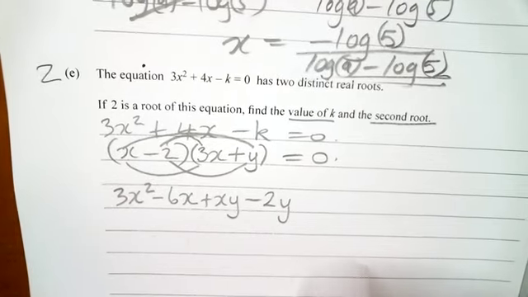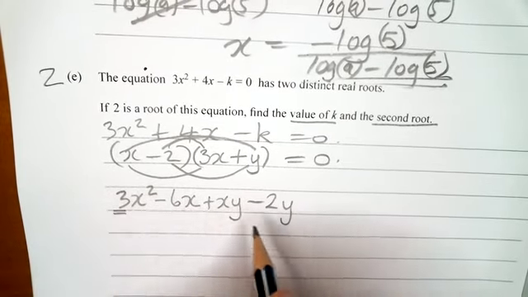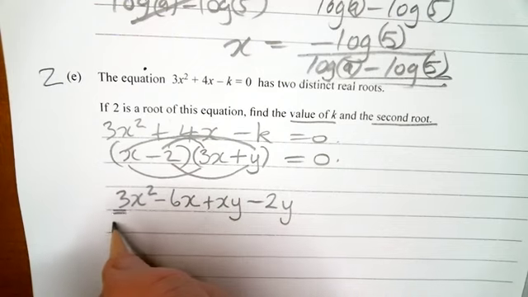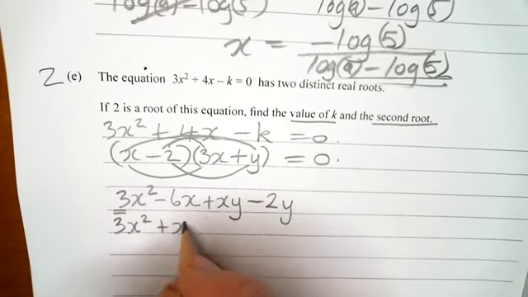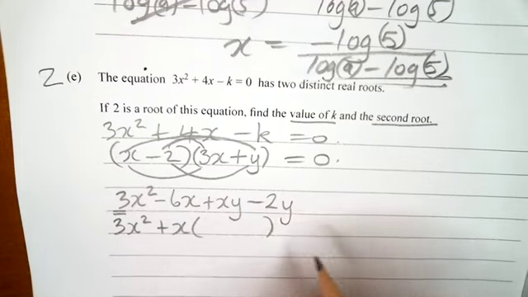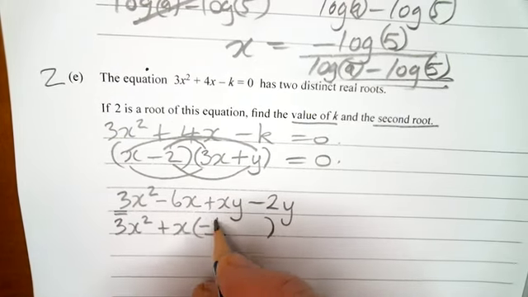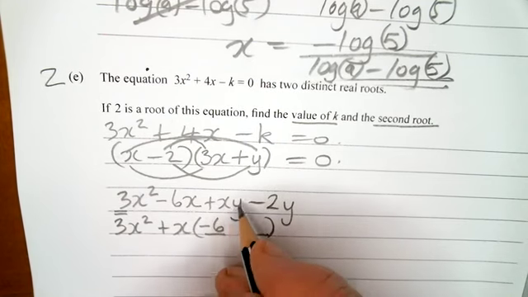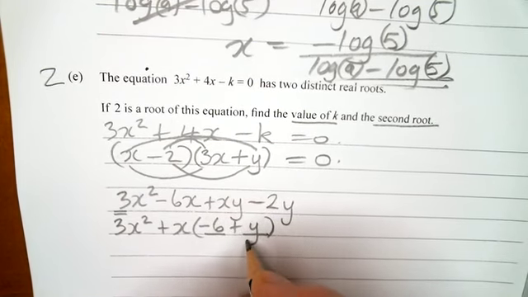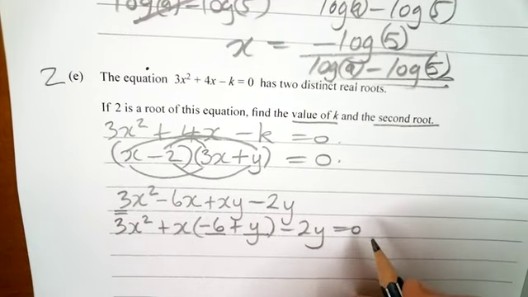Now, I'm noticing we've got some coefficients here. This is the coefficient of x squared, but what's the coefficient of x? So I'll just write this out again, 3x squared, and I want an x this time. Coefficients of x are what? So what times x makes negative 6x would be minus 6. And what times x would be xy? Well, it would be plus y, and minus 2y, and that is equal to 0.